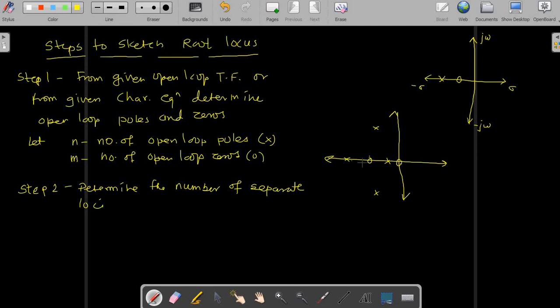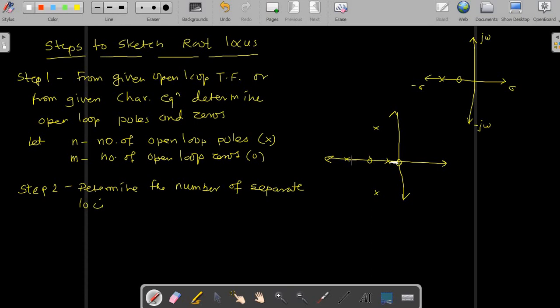Now here on the real axis, we need to determine which region is having a root locus, right? So here I must say that this region will have root locus because to the right of this there is only one zero, and this is an odd number.